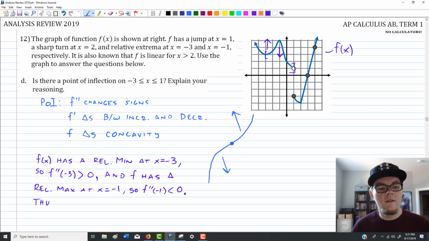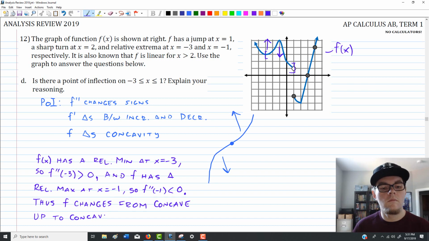What that tells us then is thus f changes from concave up to concave down on negative 3 to 1.